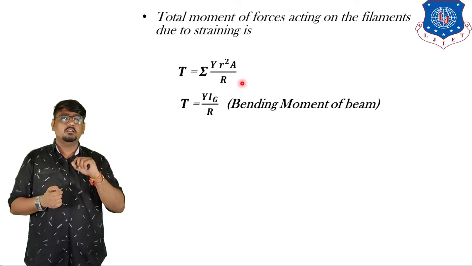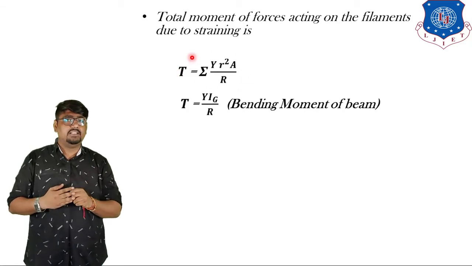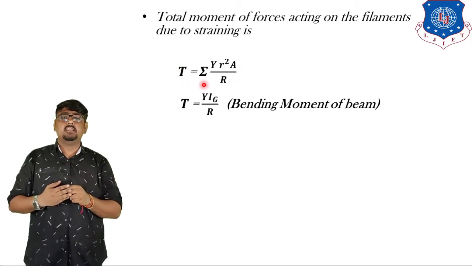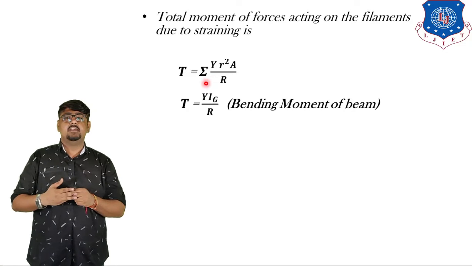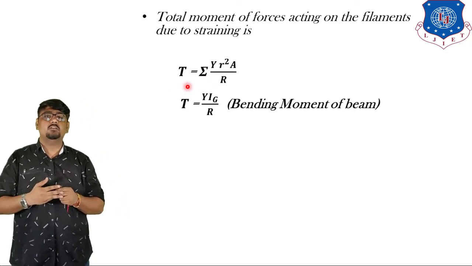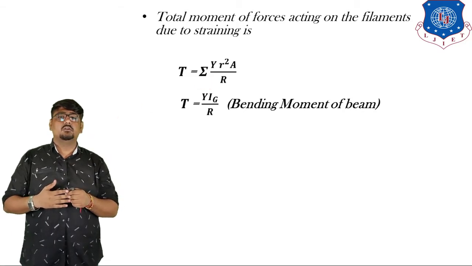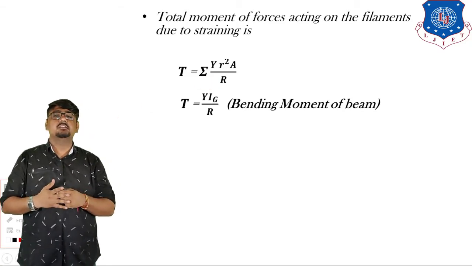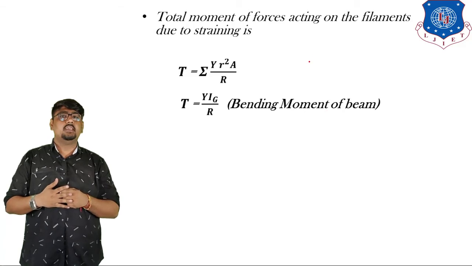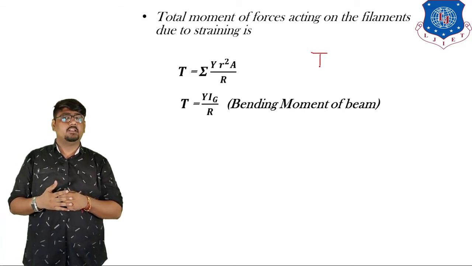Now for the total we need to get the algebraic summation. So capital T, the total moment of forces, becomes sigma of Y A small r square upon capital R.